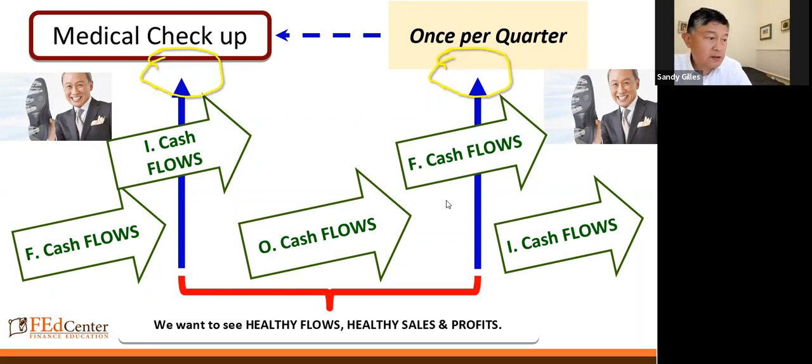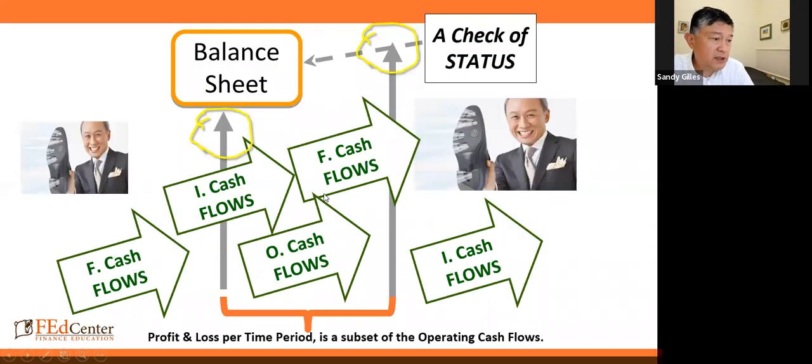Next, let's take a look at the balance sheet. It is simply a snapshot in time of how much money you have in the company. Of course, the money in the company is produced by the cash flows, the money that you raise, the money that you employ, the money that you put into machines and factory.